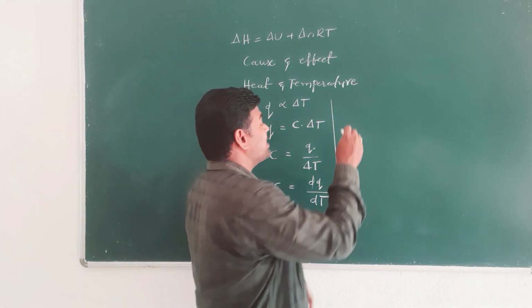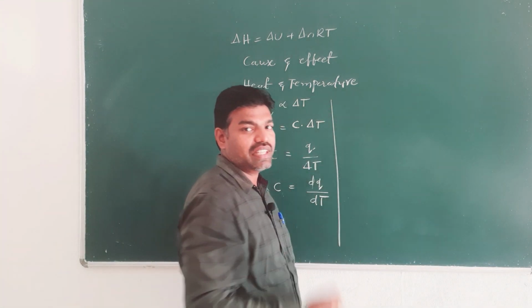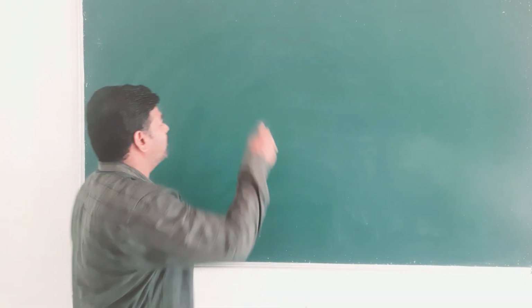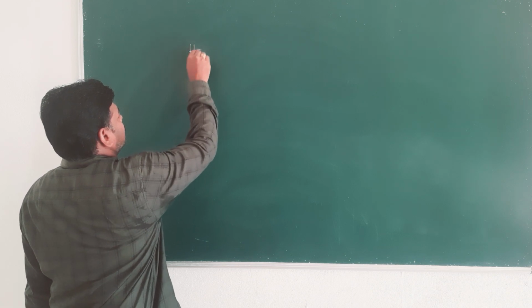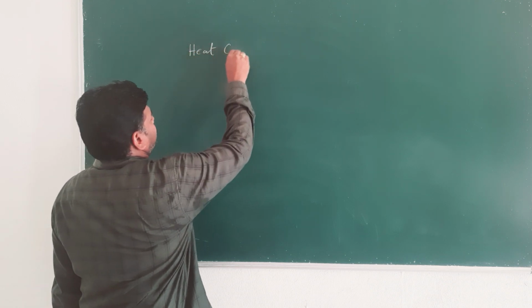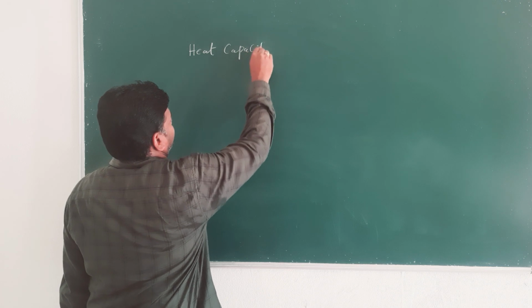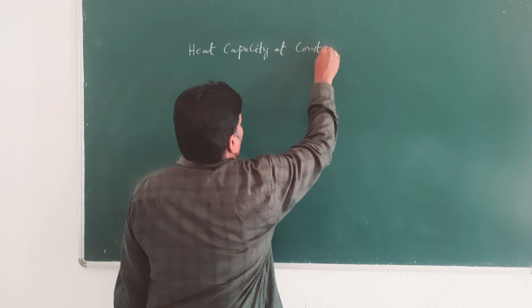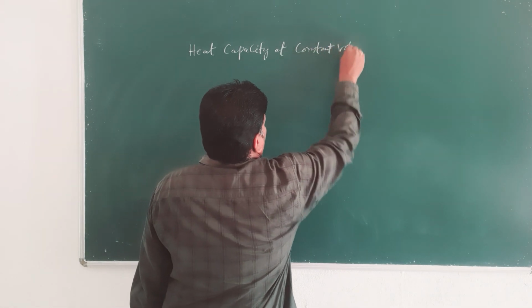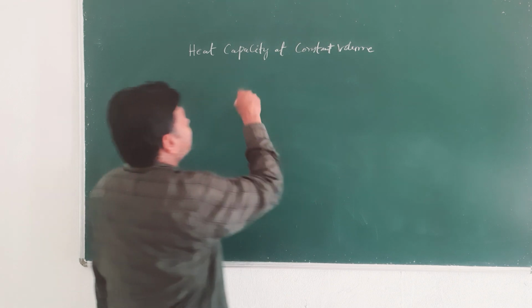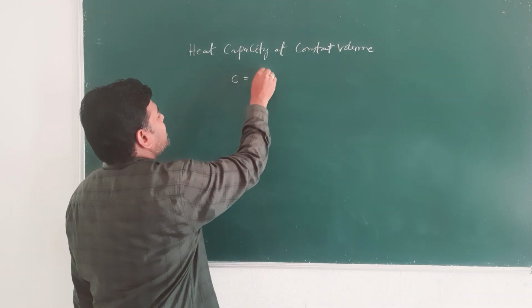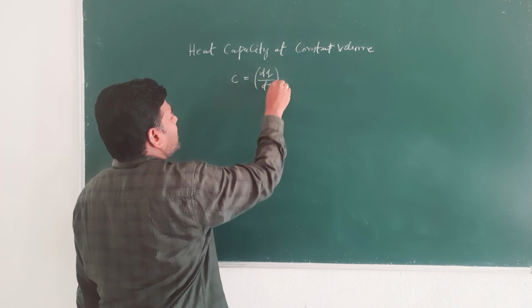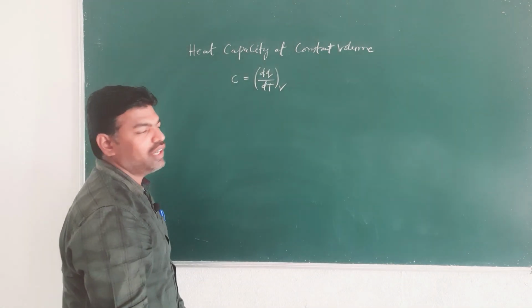So, heat capacity at a constant volume. What is heat capacity at constant volume? C is represented by dQ by dT at constant volume.